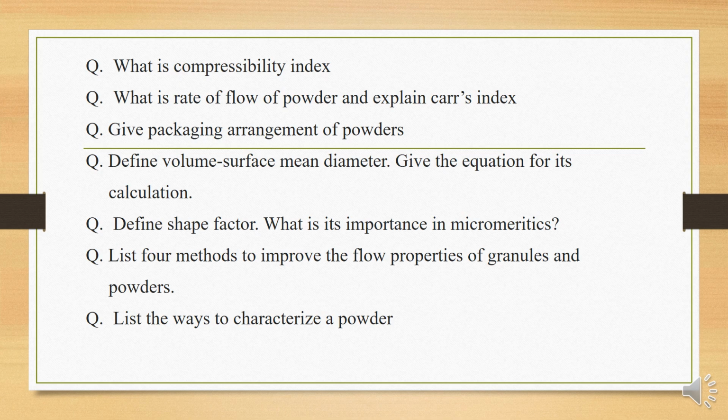Next question, define shape factor and what is its importance in kinetics. They are asking indirectly about the shape factor, which under particle shape you may come across. Shape factor can be expressed as a ratio of surface to volume factor.